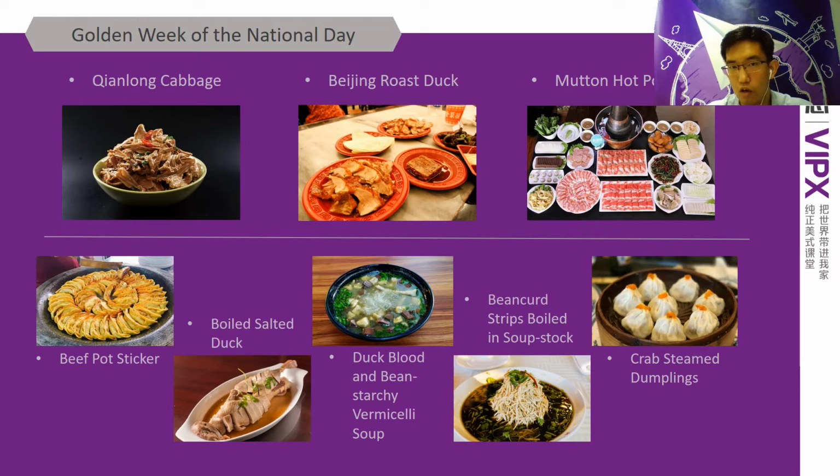They are all famous in Nanjing. When you come to Nanjing city, you can give them a try, especially the bean curd strips boiled in soup stock. It is one of the representative dishes of Huaiyang cuisine. You can give it a try. You may find a new favorite.